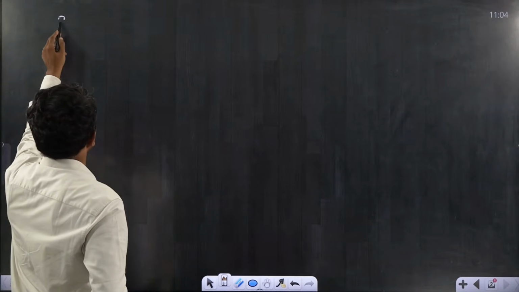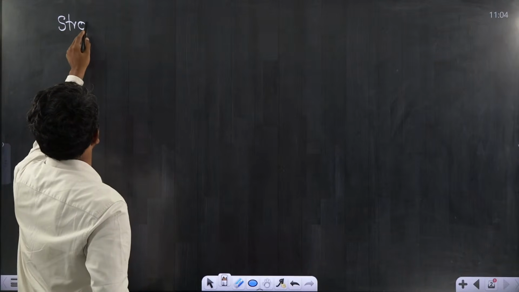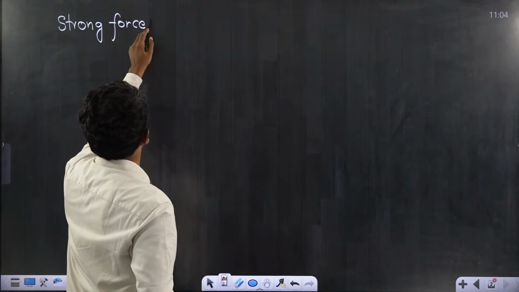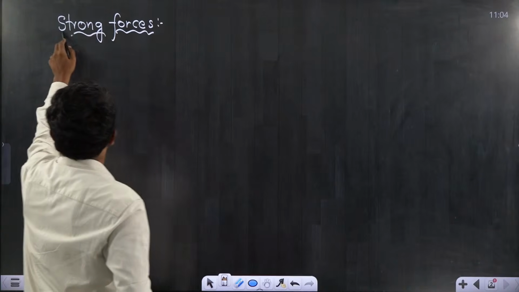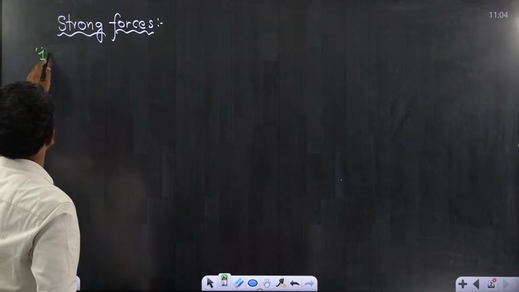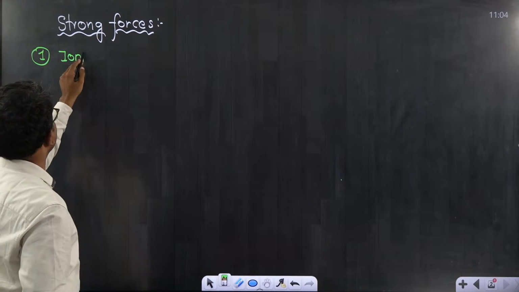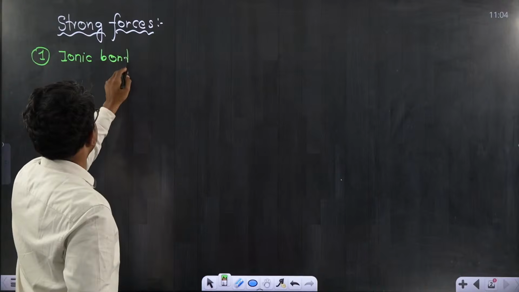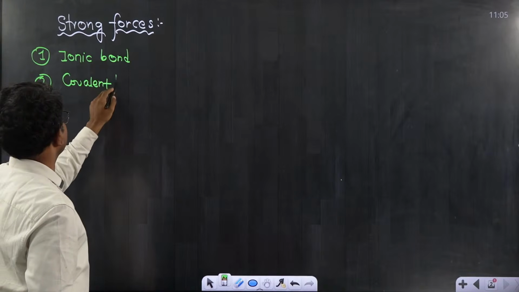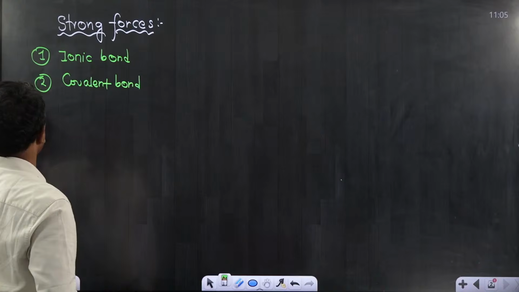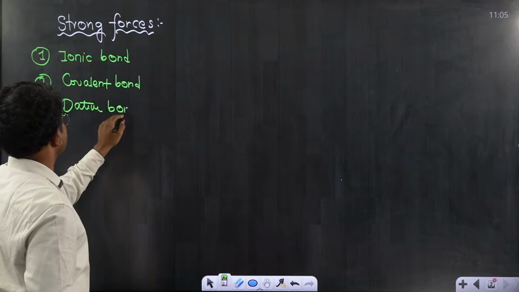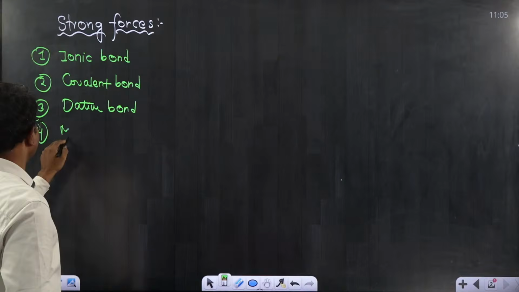I told in the last class, under strong forces, I gave ionic bond, then covalent bond, the third one is coordinate bond, and of course the fourth one is metallic bonding.